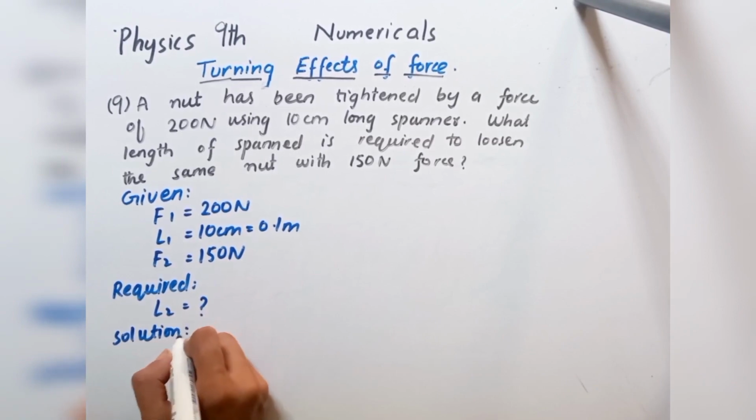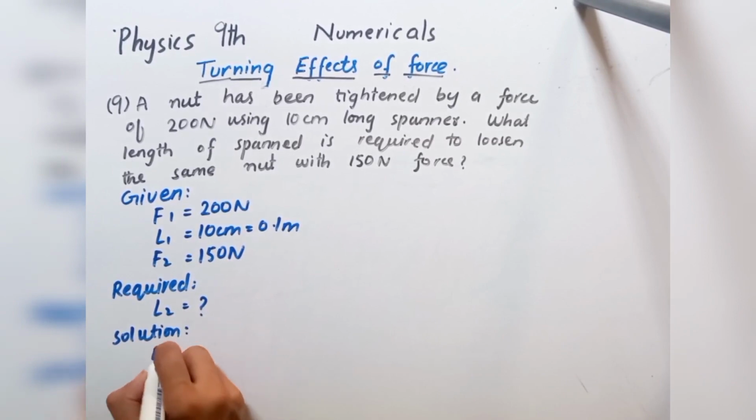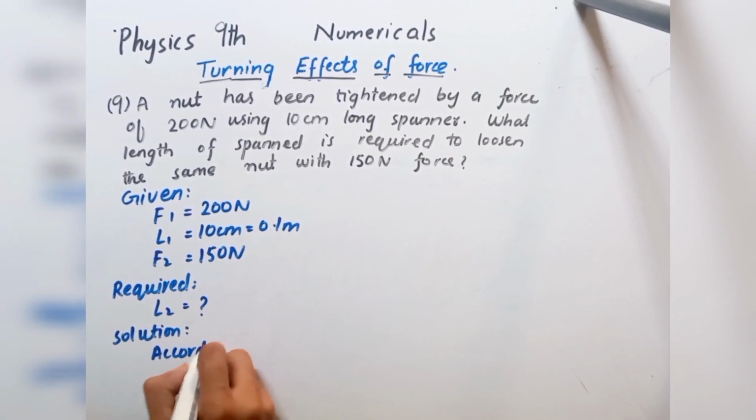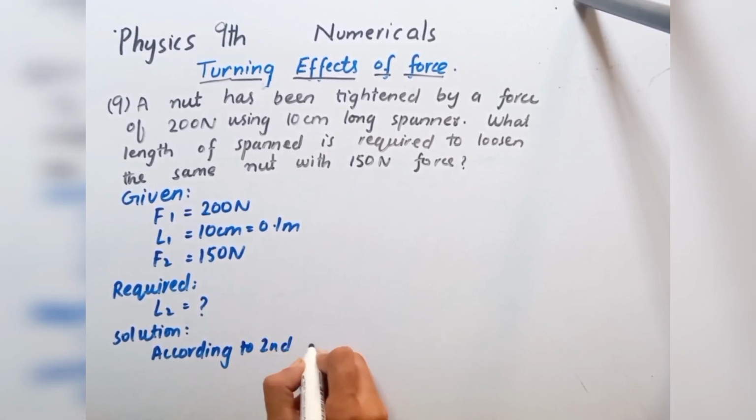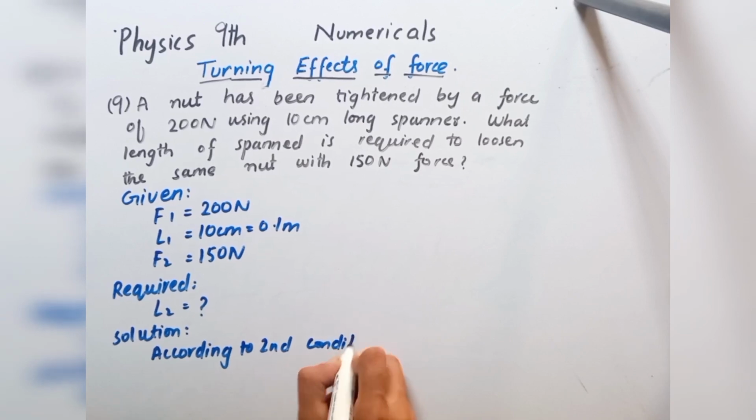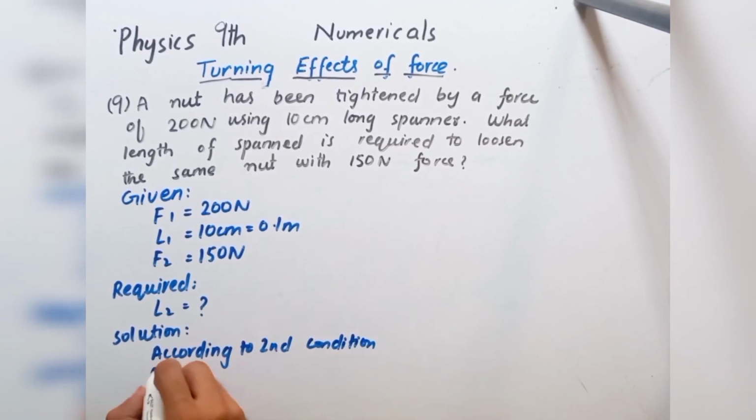In the solution, according to the second condition of equilibrium, summation torque is equal to 0. So clockwise torque is equal to anti-clockwise torque in this numerical.